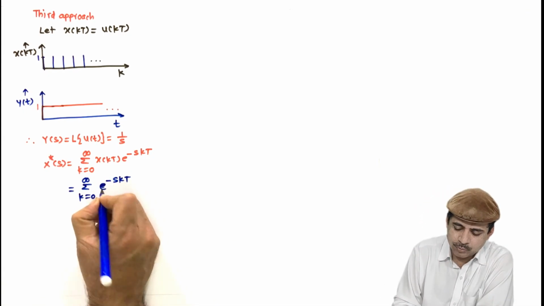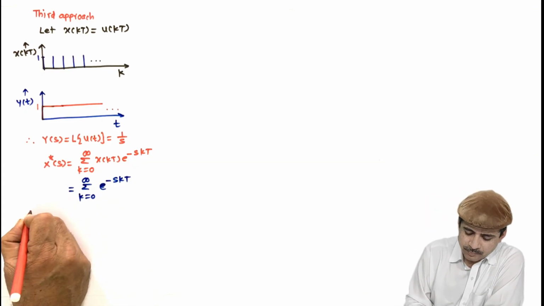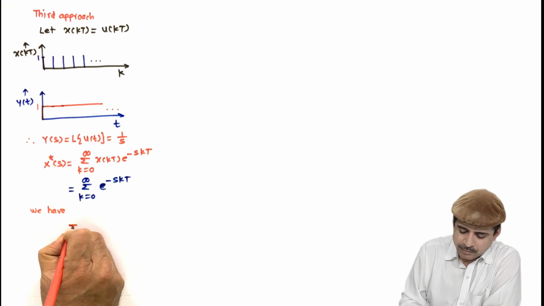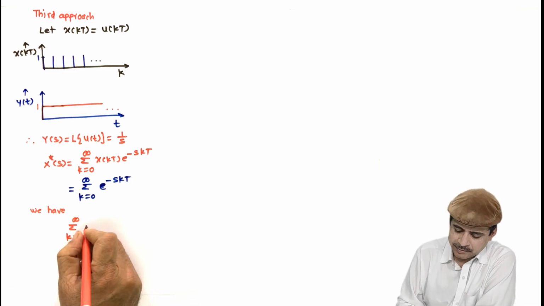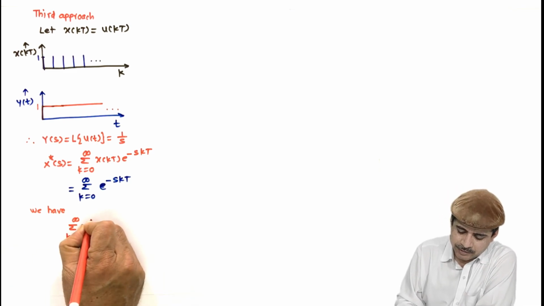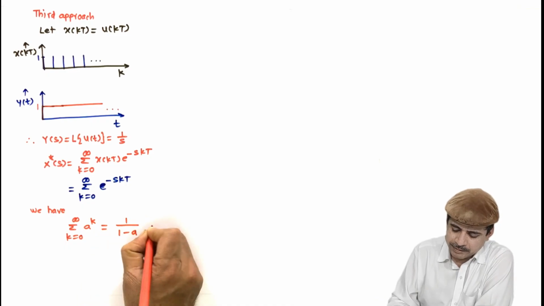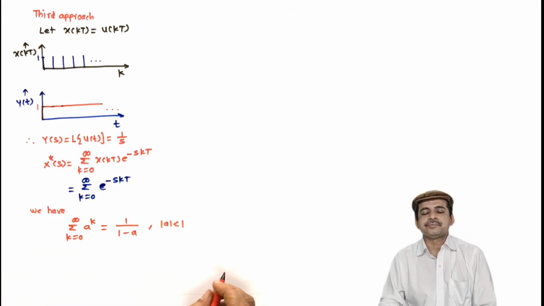And now I have to expand this series. We have the expression: summation k equal to 0 to infinity a raised to k is equal to 1 upon 1 minus a, if mod a is less than 1.